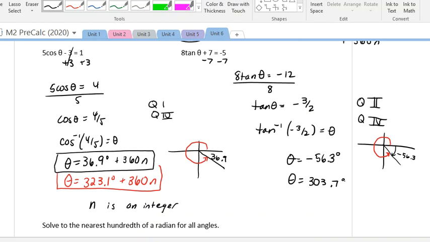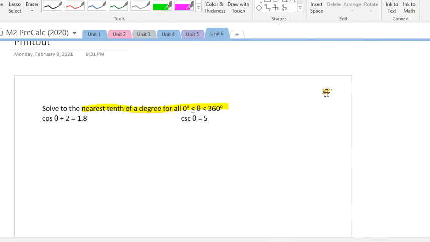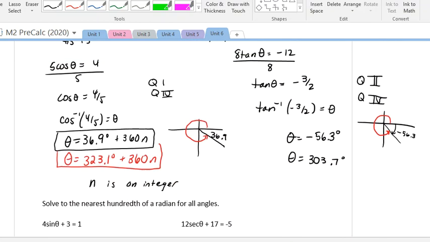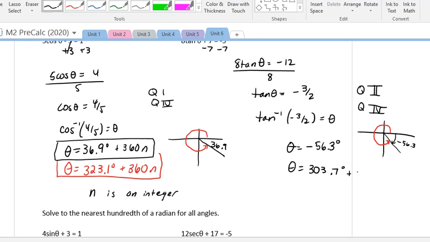Again, this would have been really important if my directions said between 0 and 360. All right, so here we're going to say plus 360n. Sorry, plus 360n. For the directions, these are interchangeable.